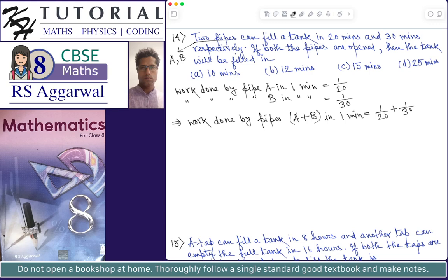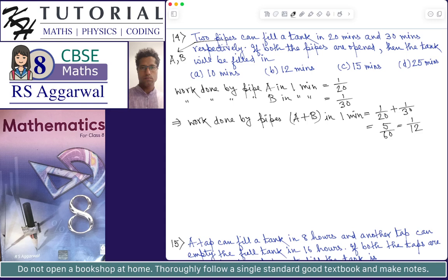Now what does it mean by work done by pipe A in 1 minute is equal to 1 by 20? This essentially means that in 1 minute pipe A will fill 1 by 20th part of the tank. So 1 by 20 plus 1 by 30 is 5 by 60. This is equal to 1 by 12.